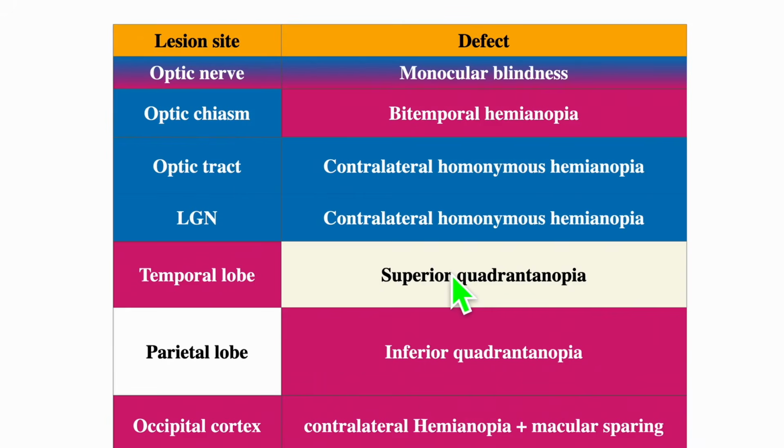Your defect is defined by your visual field. So though the temporal lobe is below, your anopia will be superior. Parietal is above, inferior. So your brain area is defined by your retina, your defect is defined by your visual field. That's it.